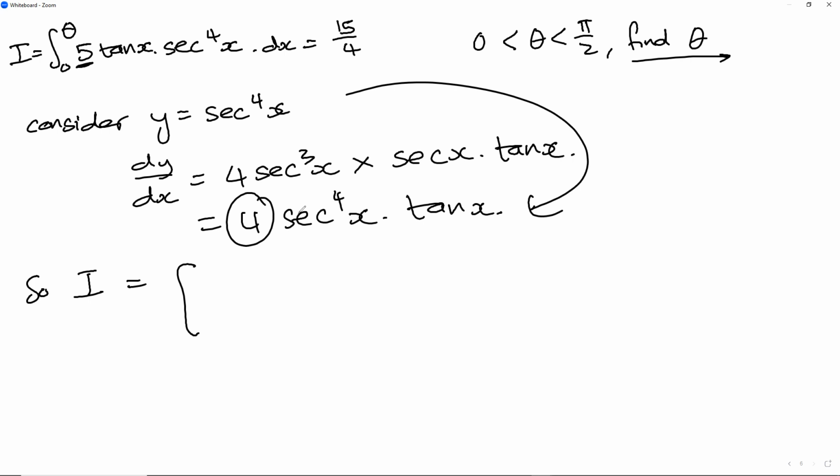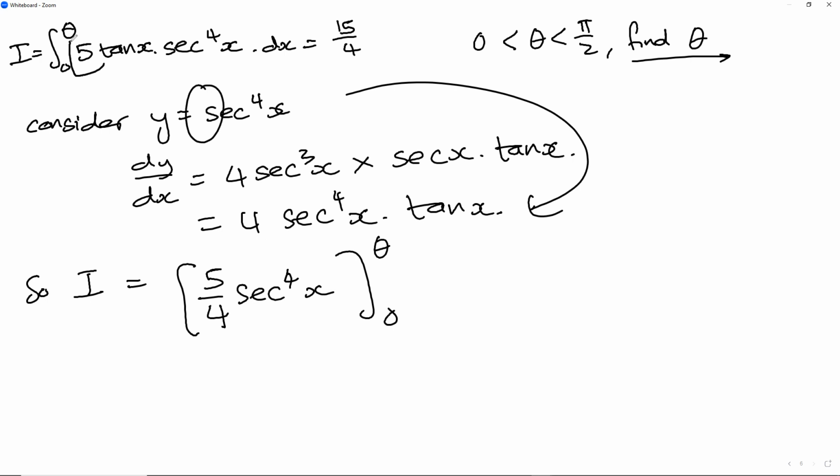So if I have to divide by 4, I'll write it like this: 5 over 4 sec to the power of 4 x from 0 to theta.